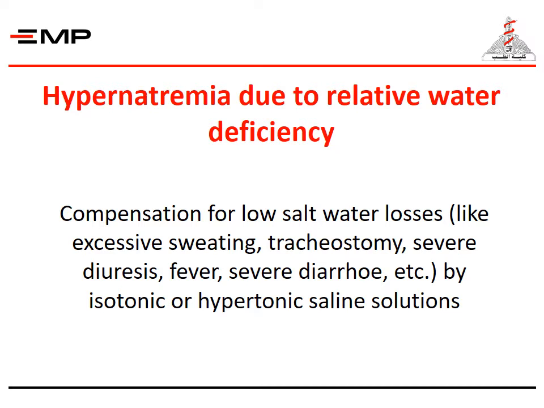Substantial amounts of water vapor are lost through a tracheostomy. Polyuria due to diuretics contains low salt content. Sweat contains only half the concentration of sodium in the extracellular fluid. If such losses are replaced with isotonic or hypertonic solution, hypernatremia occurs.